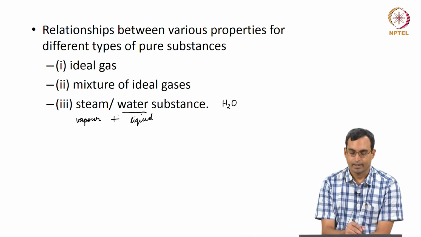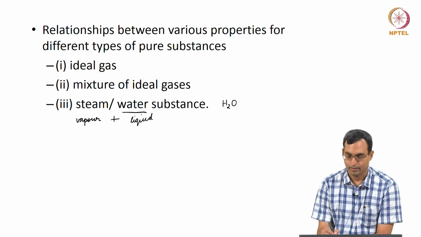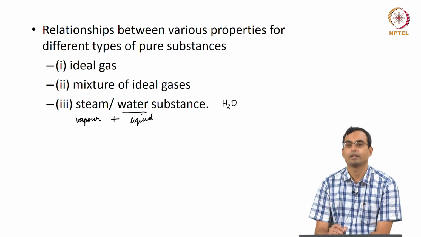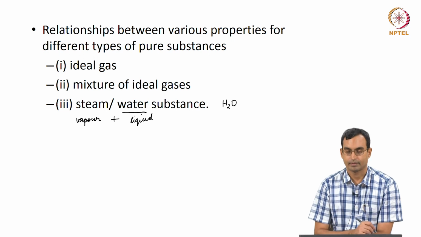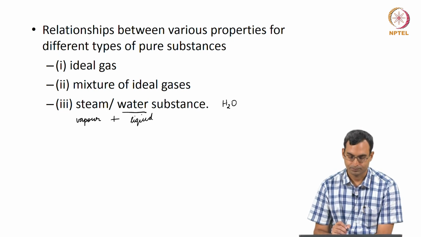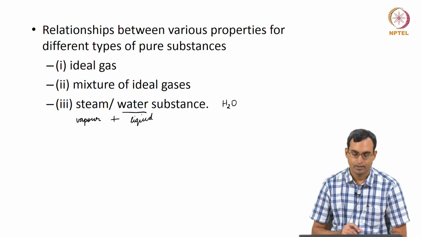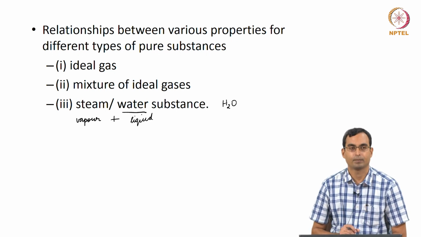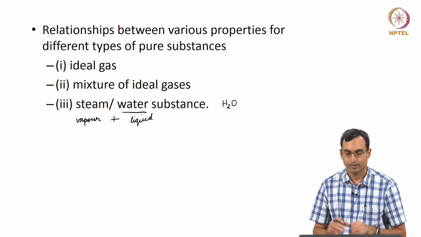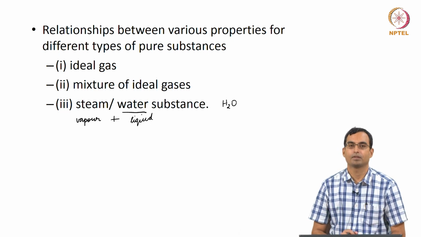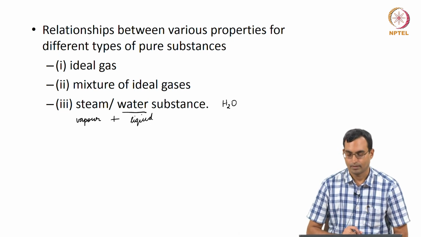We will do this in the case of say liquid and vapor water. We may also do this in the case of say ammonia or other refrigerants, which we will look at a little later in this course. Of course, this is only a small subset of all the kind of compositions we can have and all the mixtures we can have, but for the purpose of this course we are going to sort of restrict ourselves to these kinds of properties.